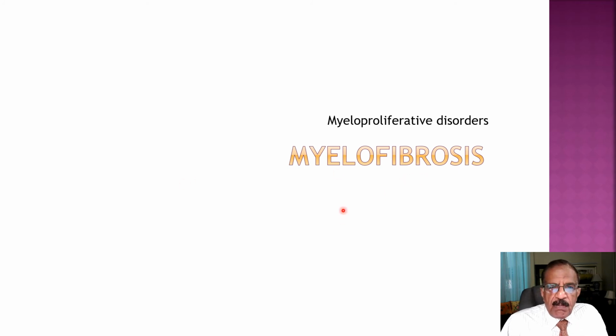Then there are myeloproliferative disorders, myelofibrosis. You know, we have various components. The fibrous tissue of the bone marrow is also one of the components which can become hyperplastic and it may lead to an abnormality. Now, fibrous tissue is generally taken as a connective tissue or just the background tissue, but here it may play an active role.